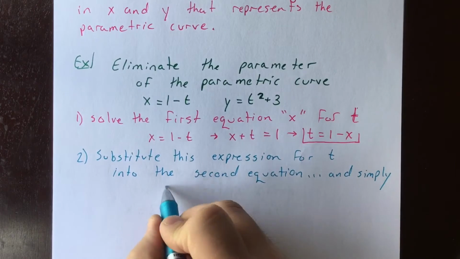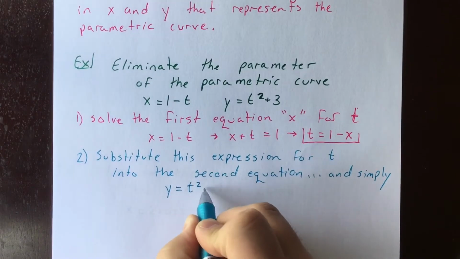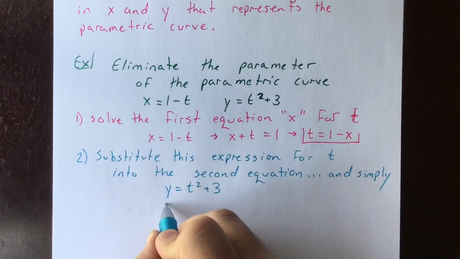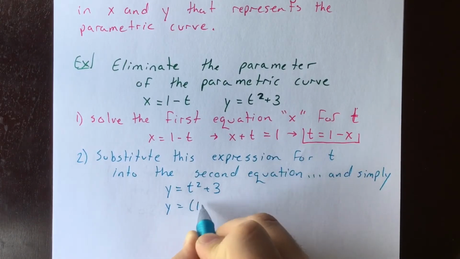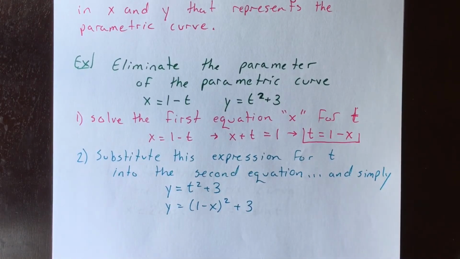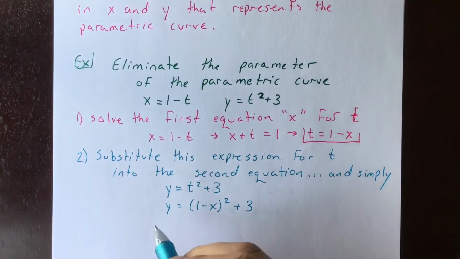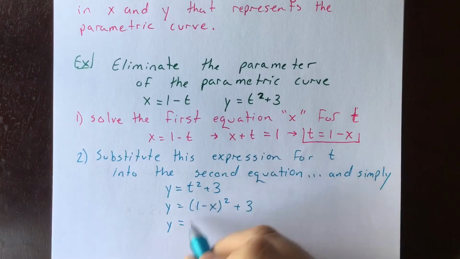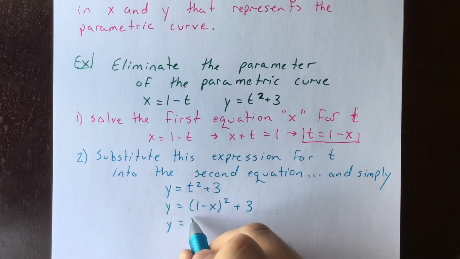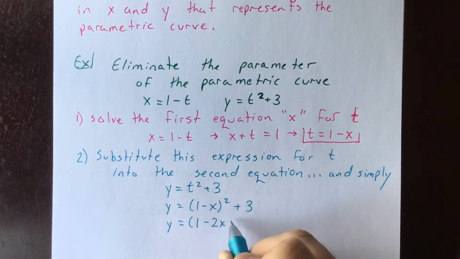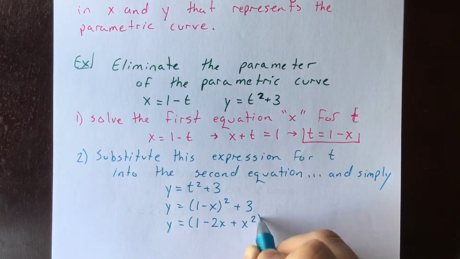Our second equation was y equals t squared plus 3. So I'm going to substitute 1 minus x in for t. So we have y equals 1 minus x squared plus 3, and now we simplify. This is really 1 minus x times 1 minus x, so that would be 1, negative 2x, and positive x squared.